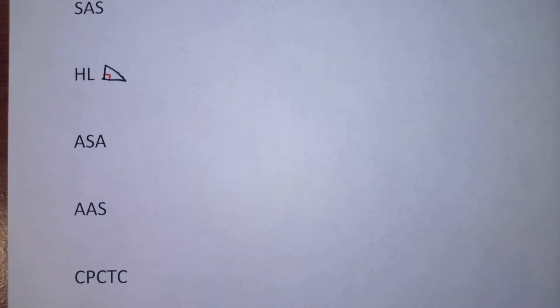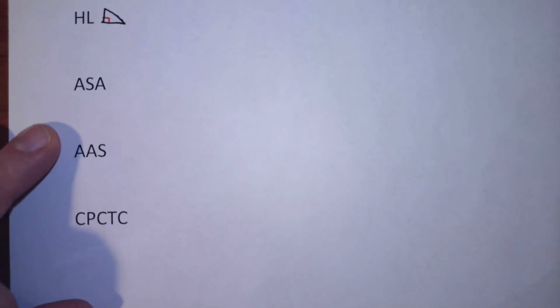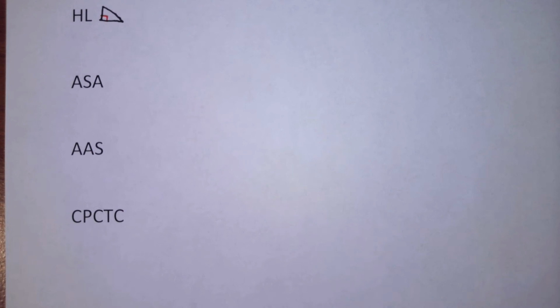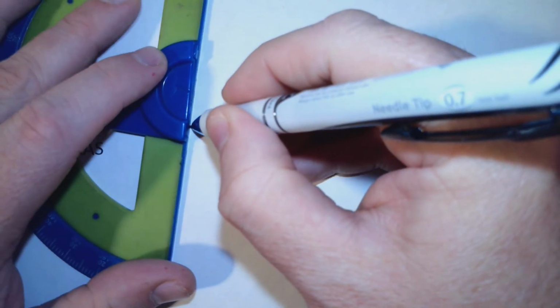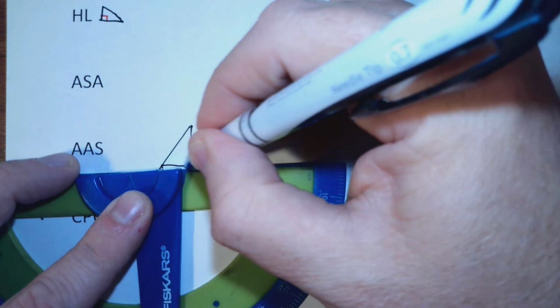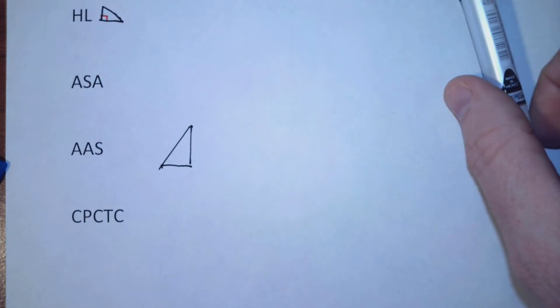Okay, so moving down, we've got ASA, angle side angle, and angle angle side. Remember the difference between the two of those.